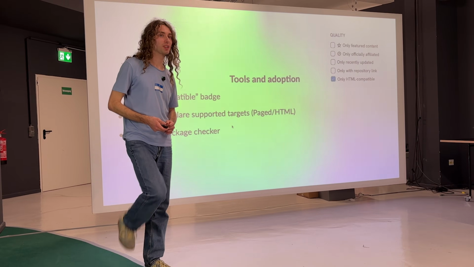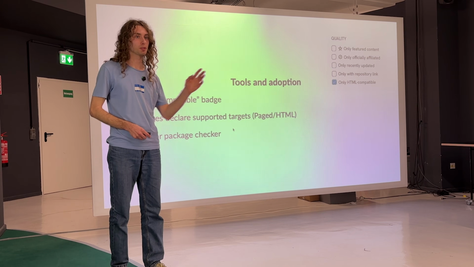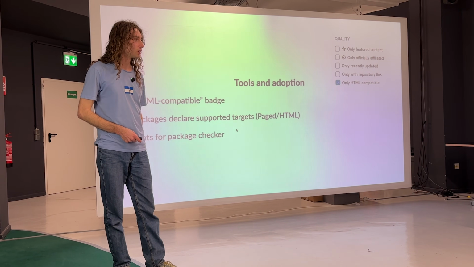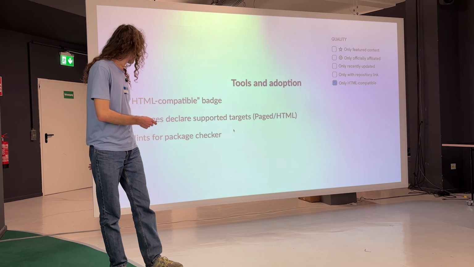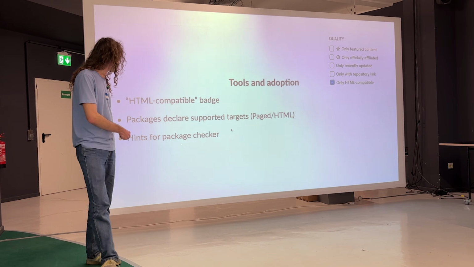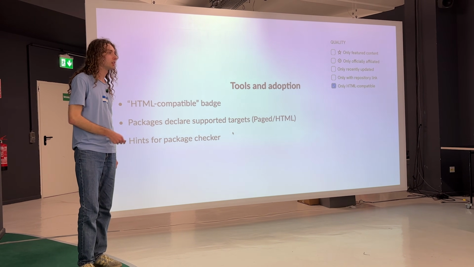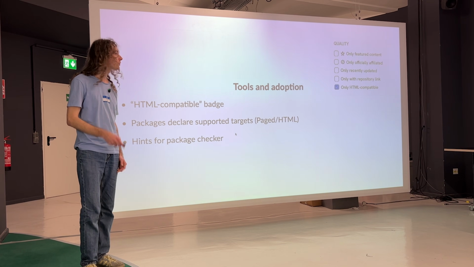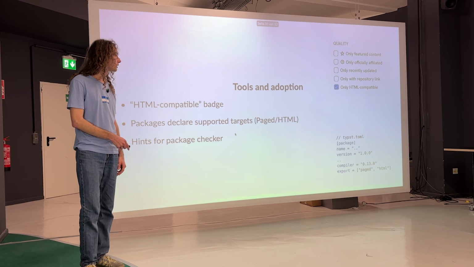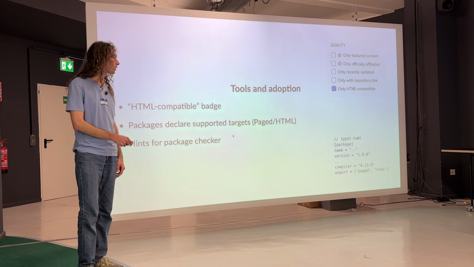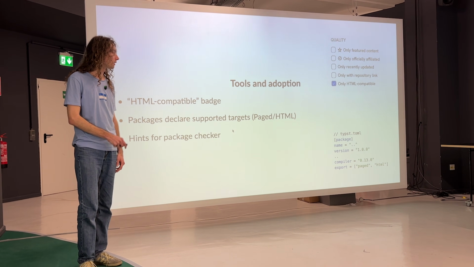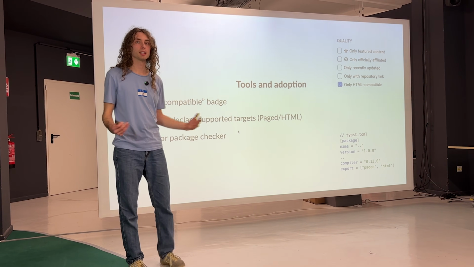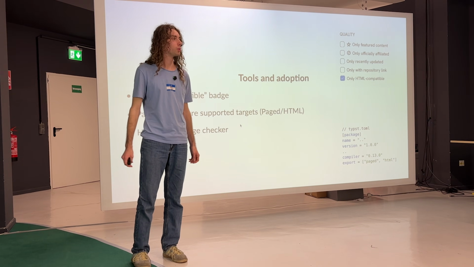which package should get the badge. I discussed it a little with Anna also, and she suggested that maybe packages could declare which targets they support, maybe just in the typst.toml manifest, and explicitly state that yes, we also export to HTML.